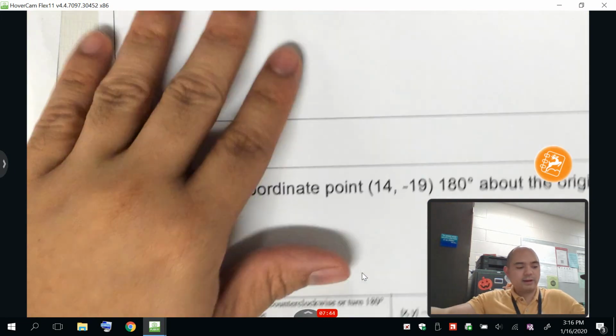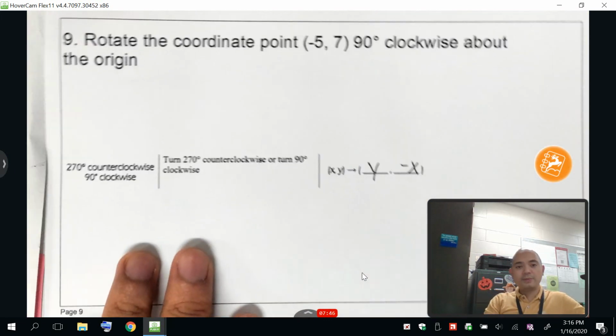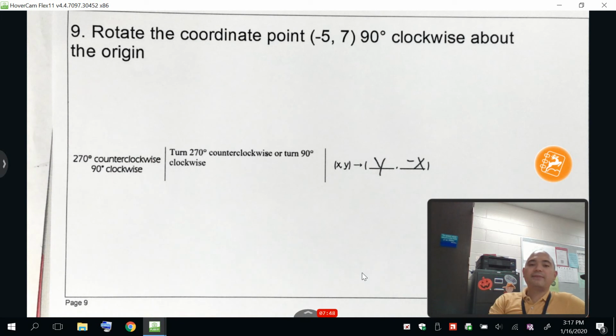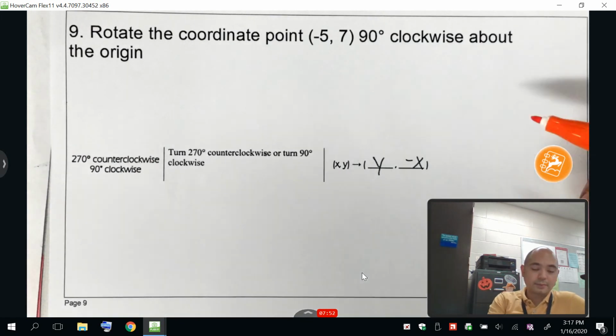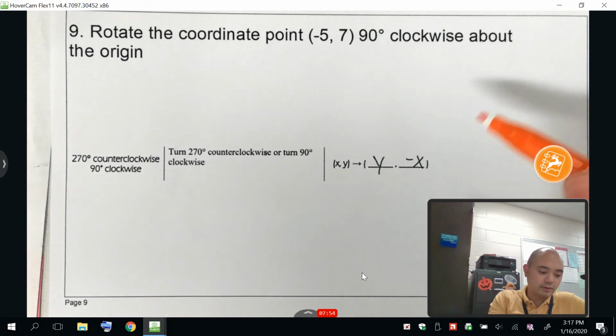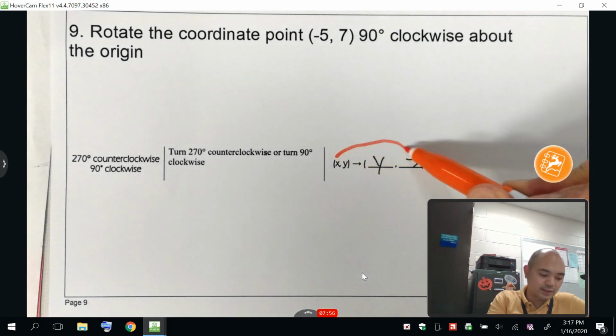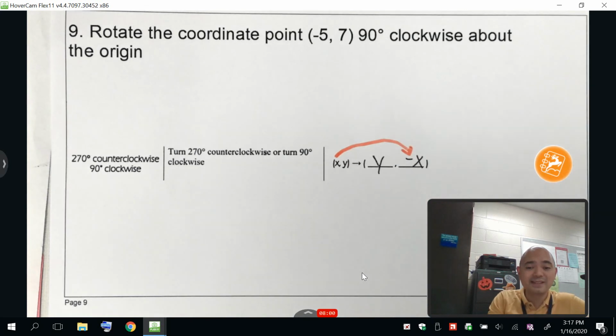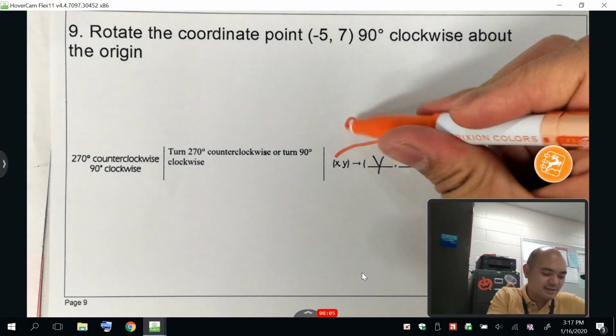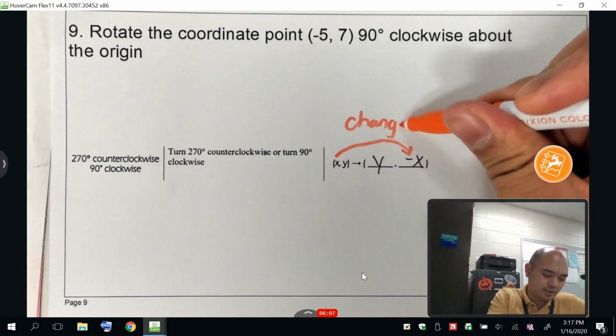Okay. And we're almost there. Alright, number 9. Rotate the coordinate point (-5, 7) 90 degrees clockwise about the origin. So looking at our rule, this x moves all the way back there. That's a positive, that's a negative. What that means is change sign. So you're going to want to change the sign.